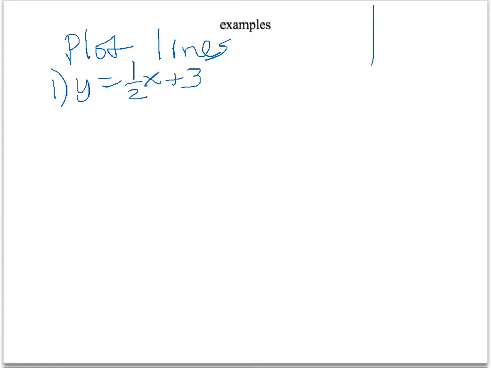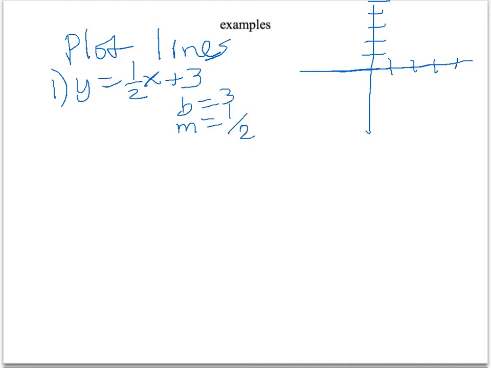If I remember correctly from my first slide, the first thing I want to do is identify my y-intercept. Well, b, my y-intercept is 3. My slope, m, is 1/2. And remember, the slope is the number in front of the x, or the number being multiplied by x.